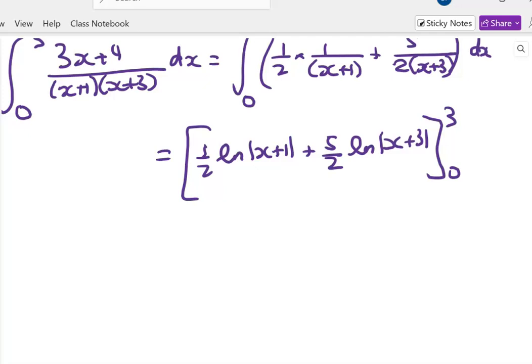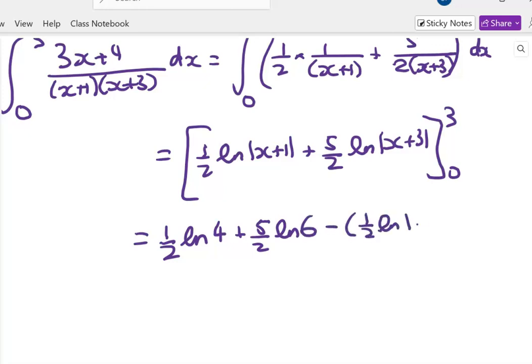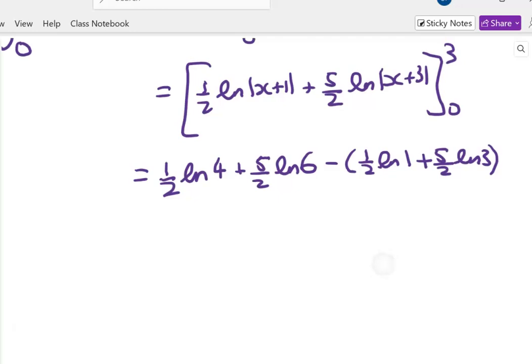Again, that's a skill that is at achieved level 3 in the complex numbers and algebra paper, but it's always worth doing it properly. So in here we get a half times the natural log of 4 plus 5 over 2 times the natural log of 6 minus a half ln of 1 plus 5 over 2 ln of 3. So what's cool here is that we can do a bit of work with like terms.